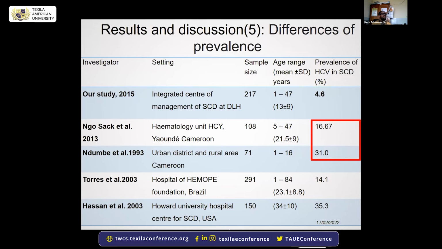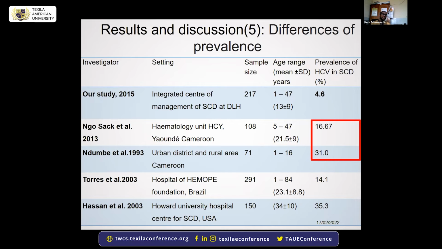They had a mean age of 21.5 years, and we had a mean age of 13.5. As we'll see in the study, as age increases, the prevalence of hepatitis C also increases. So this could explain why they had a greater prevalence in their study.